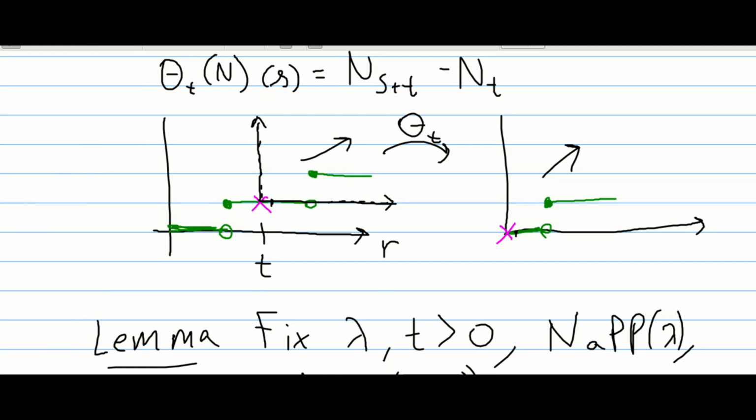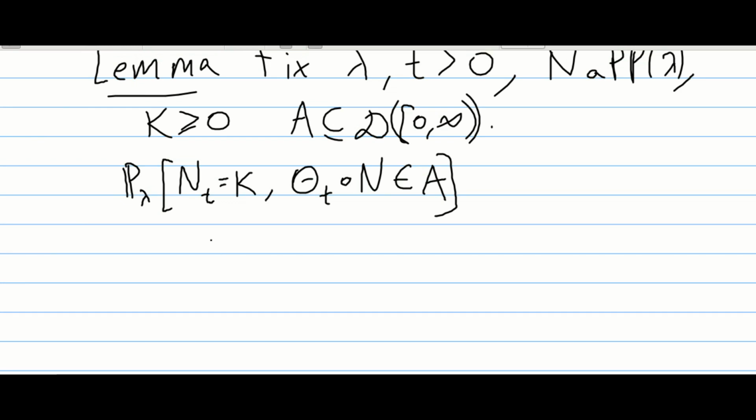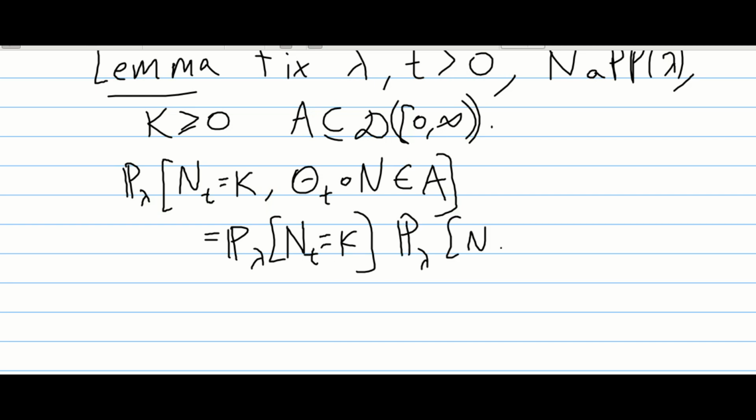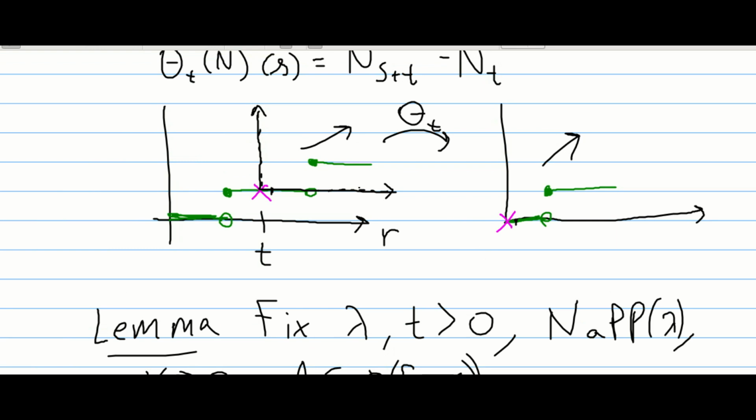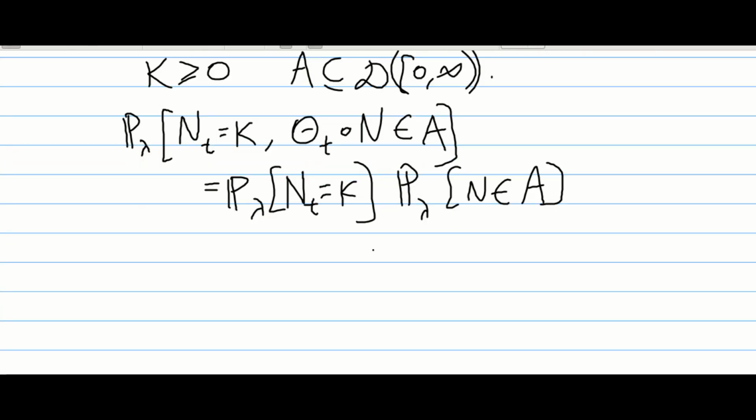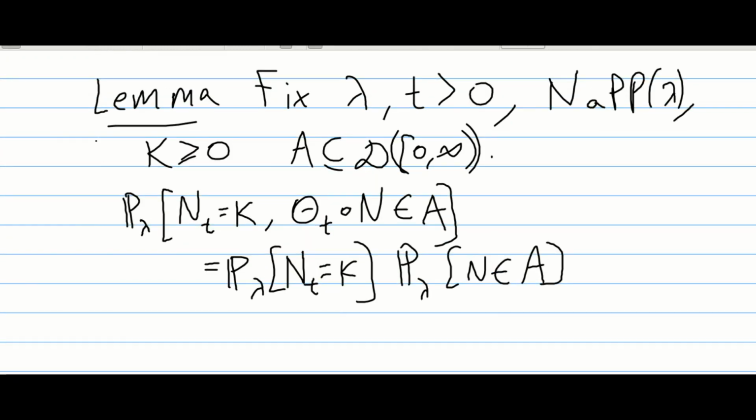It is going to be equal to the probability that you observe exactly k arrivals until time t, so you're seeing some sort of independence here, times the probability that a fresh process sees A. So the number of observations here and what happens after is independent. Now we are going to show this, and later we're going to see many consequences of this lemma.